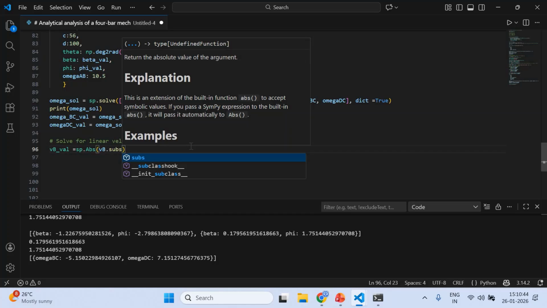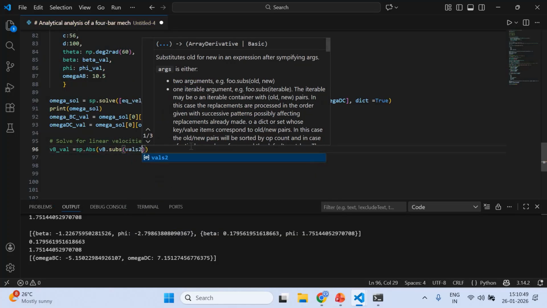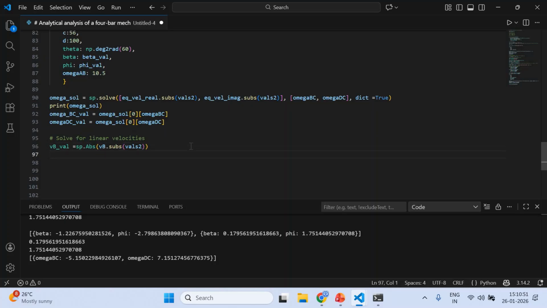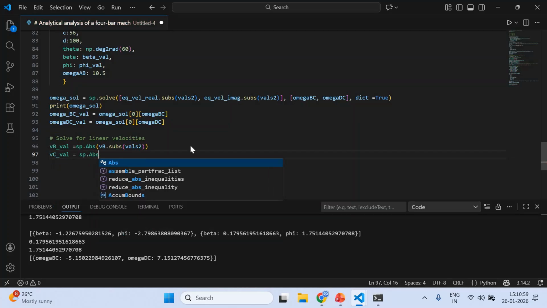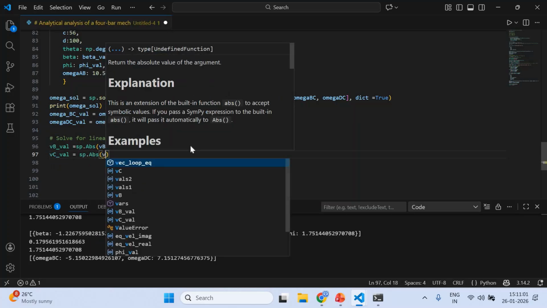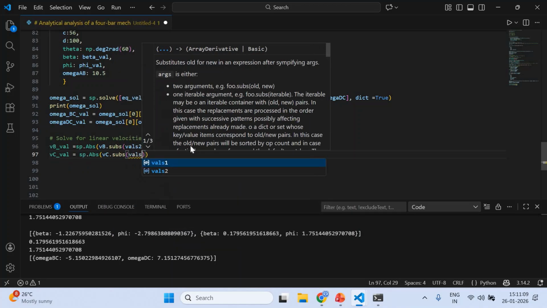First of all, you substitute VB dot subs vals 2, and take the absolute value. Here also you have VC underscore well is equal to SP dot absolute. Obviously these are all complex numbers, so we need to take the absolute value. So let us substitute VC dot subs, then here you have vals 2.